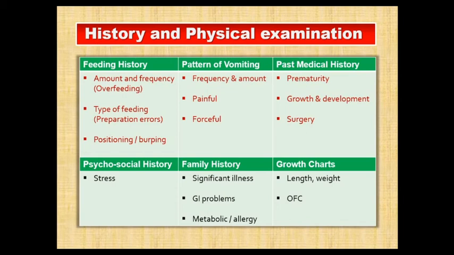The history and physical examination alone should be helpful in differentiating infants with benign, recurrent vomiting, like physiologic gastroesophageal reflux, from those who have red flag signs of gastroesophageal reflux disease or other underlying primary conditions that may present with recurrent emesis at this age.